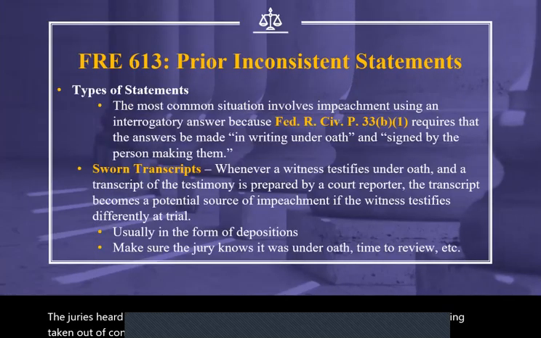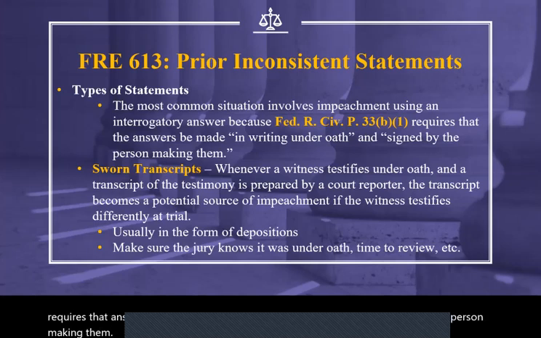Now, when we're talking again still types of statements, the most common situation involving impeachment usually requires interrogatory answers. And this is civil cases. Federal Rule of Civil Procedure 33(b)(1) requires that answers be made, quote, in writing under oath, and, quote, signed by the person making them.